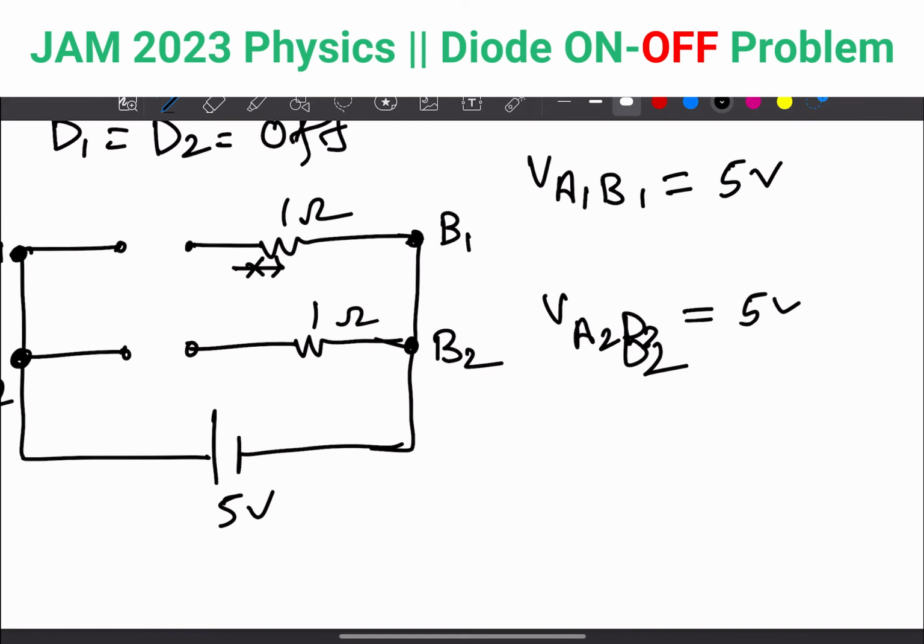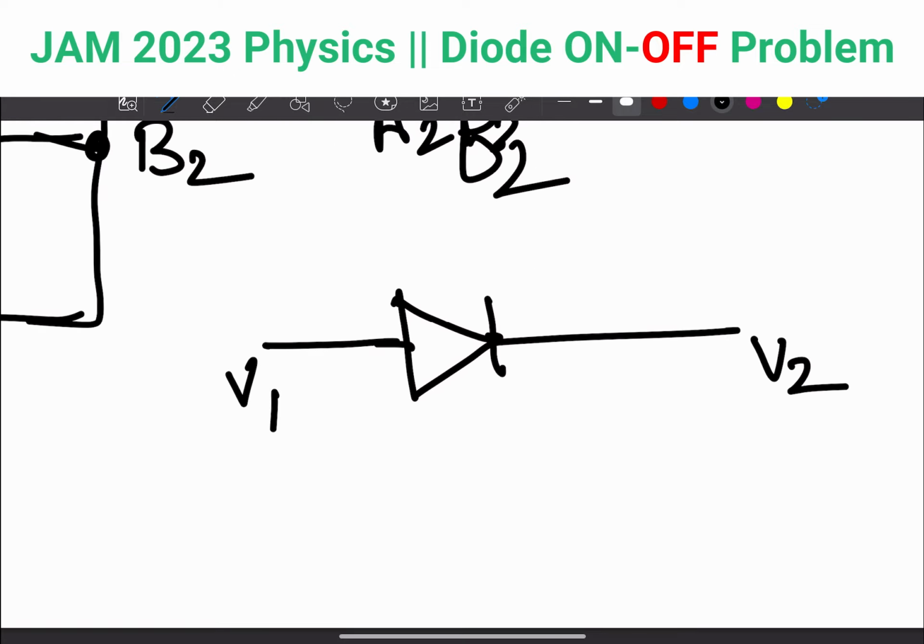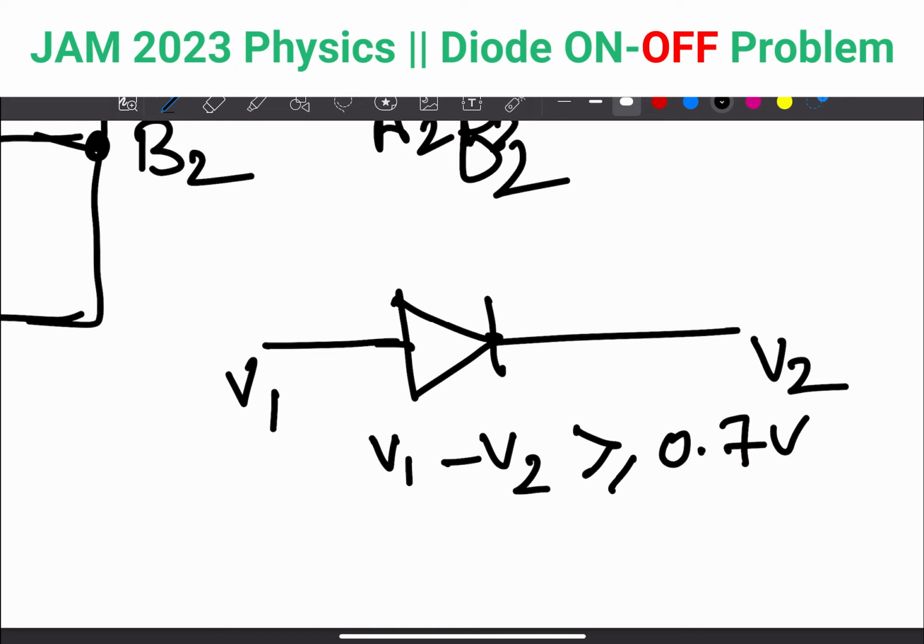Now just tell me, when the diode is on, just draw a diode. This potential is V1, this potential is V2, right? If it's a practical diode, then if V1 minus V2 is greater than or equal to 0.7 volt, the diode is turned on.